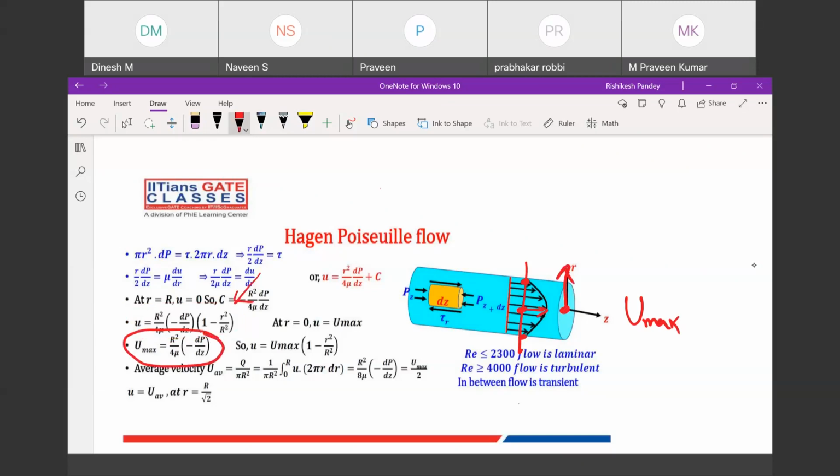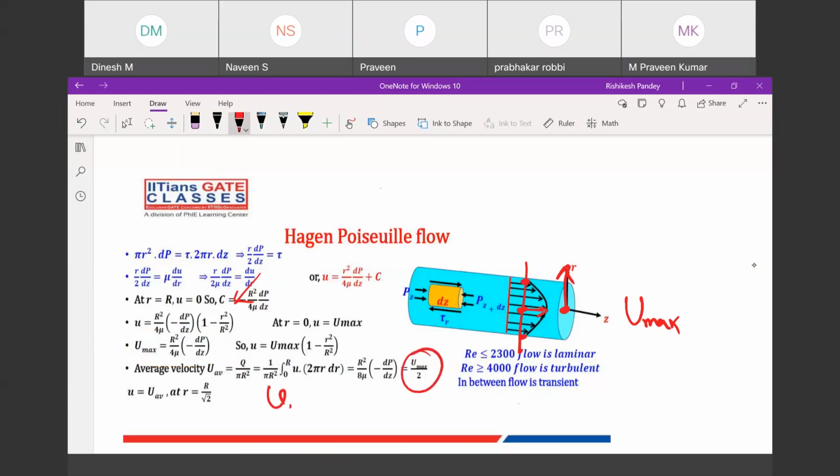Again, if you want to calculate the average velocity, same as before, use the discharge, which equals area multiplied by the average velocity. With the help of this, you can calculate your average velocity, with a little mathematical calculation. With this element, you integrate from 0 to the complete R, and after integration you will get this.